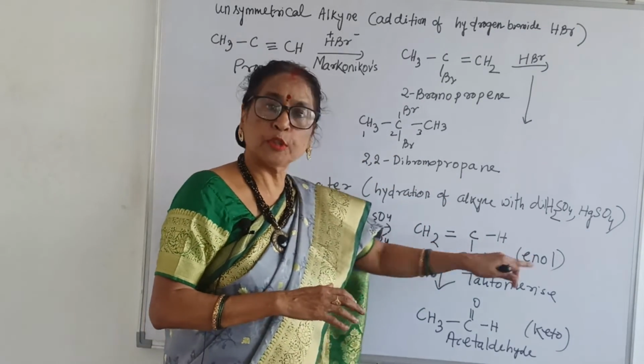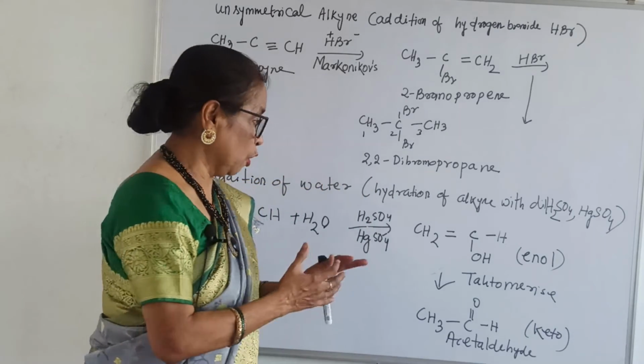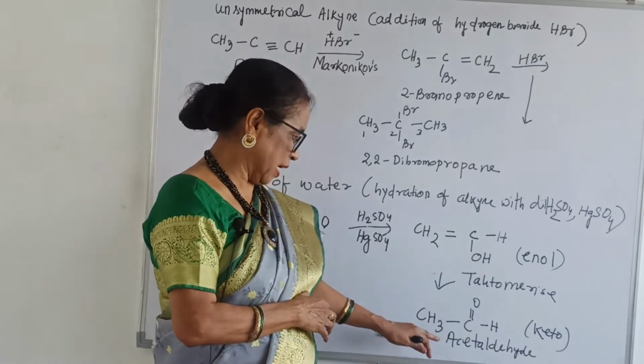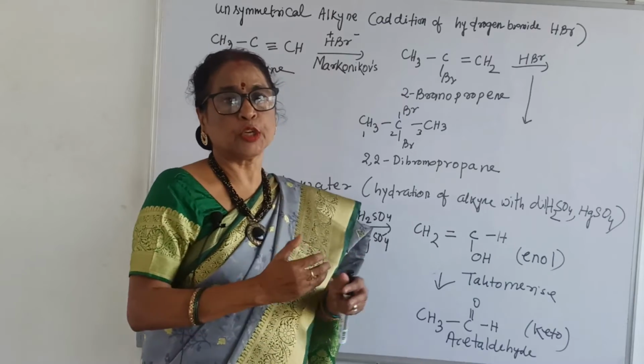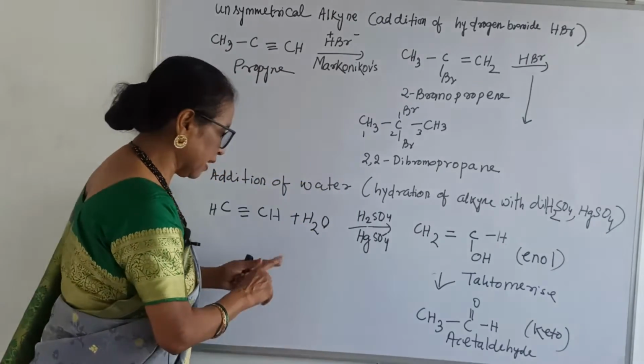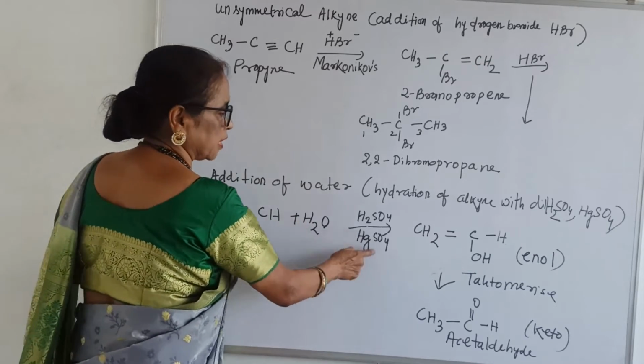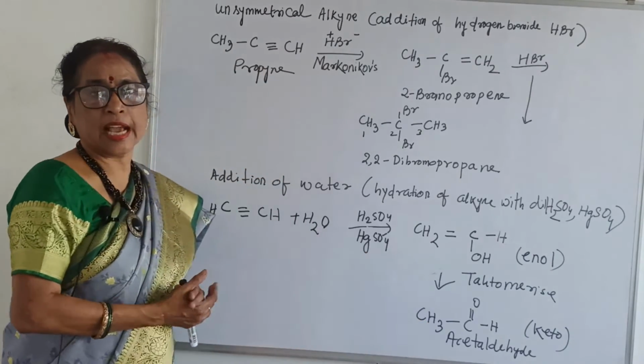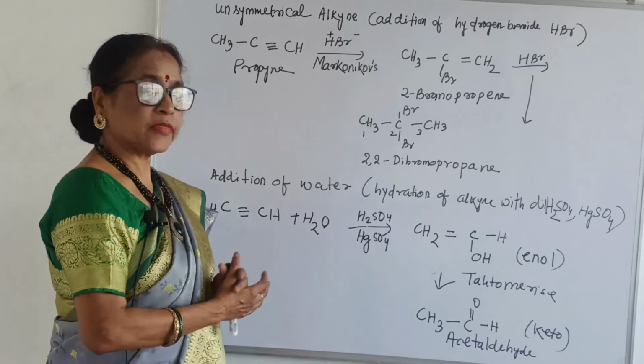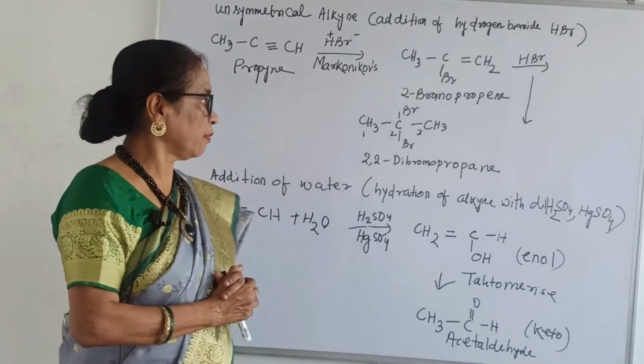That is the enol position, that is called enol group. And it tautomerizes, it gives acetaldehyde, that is keto group. So what is the last product here? Acetaldehyde. Sometimes you can write directly also this plus this equals acetaldehyde. Then we will see the other reactions of alkyne.